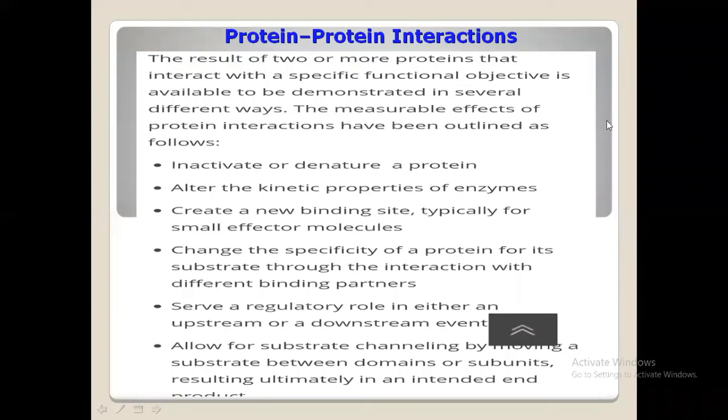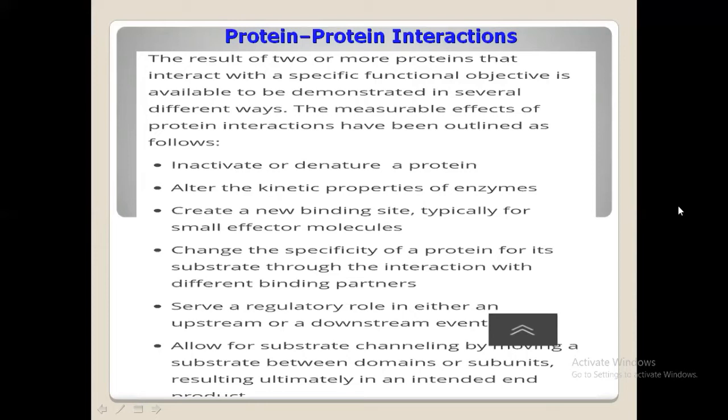And the next one is protein-protein interaction. You see the protocol, the outline, of how to do protein-protein interaction, the general protocol for any method. The result of two or more proteins that interact with a specific functional objective can be demonstrated in several different ways.